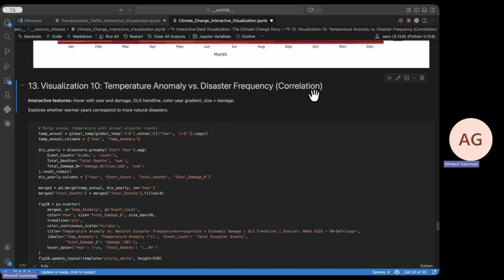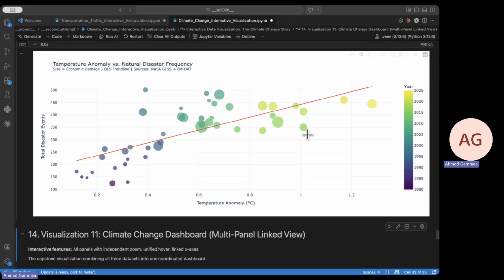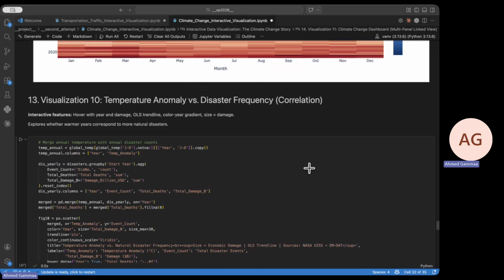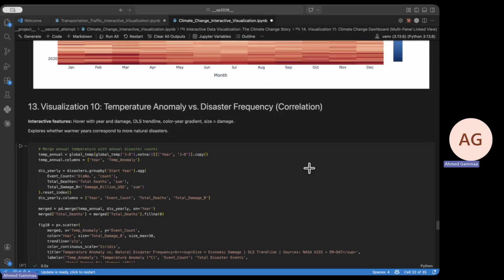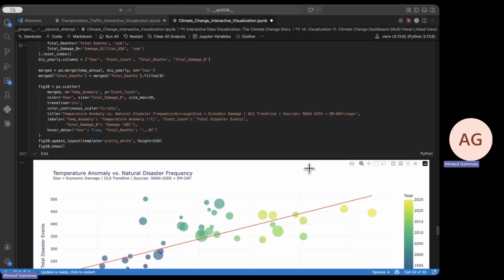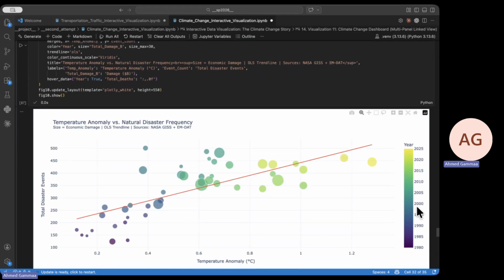The next is how temperature is related to natural disasters, and this is the meat of this research, or this project. This is done by a frequency or correlation plot. It has the year presented as color from purple, which is 1880, till 2025, which is the bright yellow.